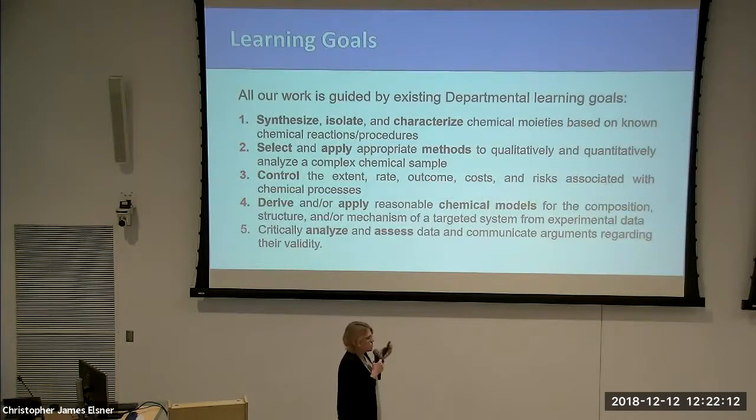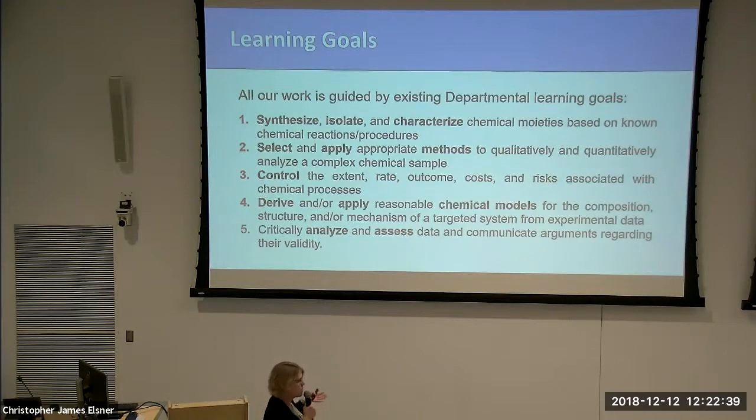We have to do this in the context of our department and program goals. A couple of years ago, our undergraduate program committee developed a set of learning goals for the chemistry majors. You probably know that we have to do assessment for our programs, and one of the first things you do is come up with a set of learning outcomes.